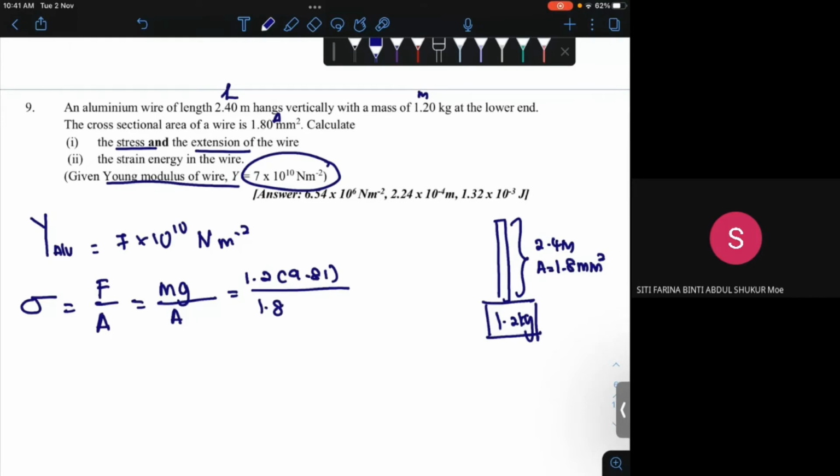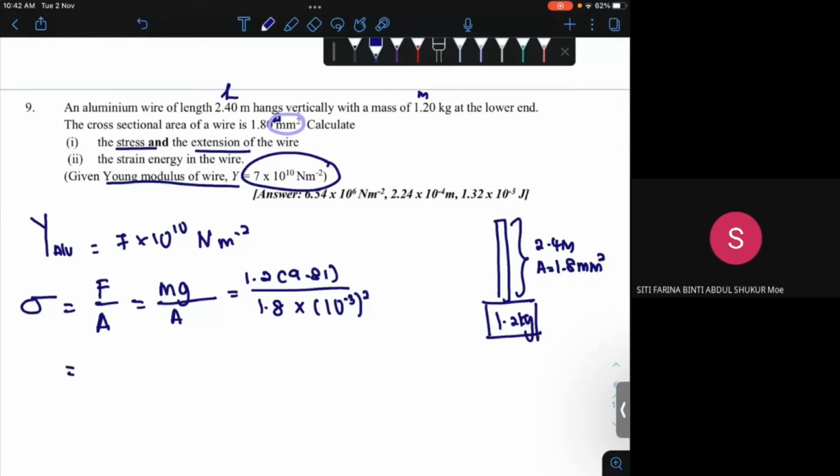Okay, fokus dekat unit yang dia bagi, dia kata millimeter square. Macam saya cakap tadi, sekarang square itu belongs to both the meter dan juga milli. So milli kamu adalah 10 kuasa negatif 3, you have to square that sebab ada square. Baru tinggal meter square. Baru jawapan kita area adalah meter square.